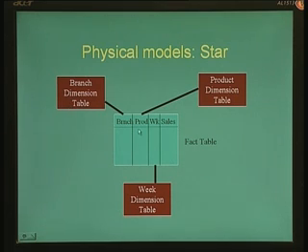Similarly each product is a foreign key which gives details about each of these products and so on. So this is the simplest form of representing a multidimensional hypercube in the relational data model.